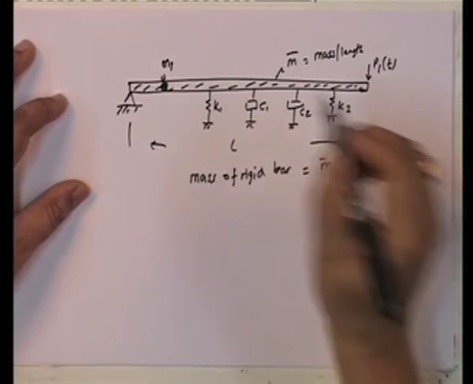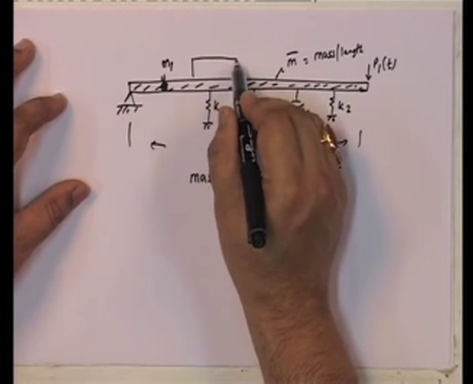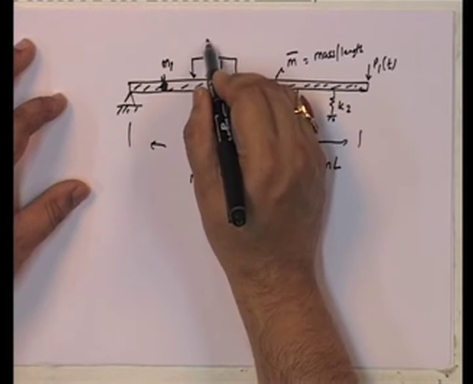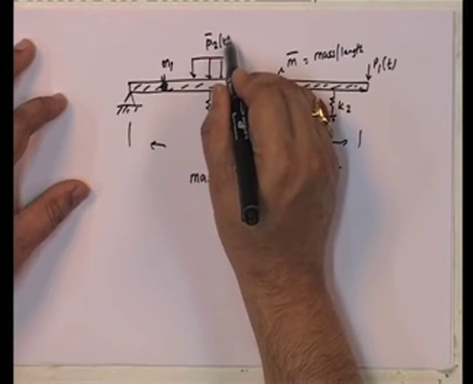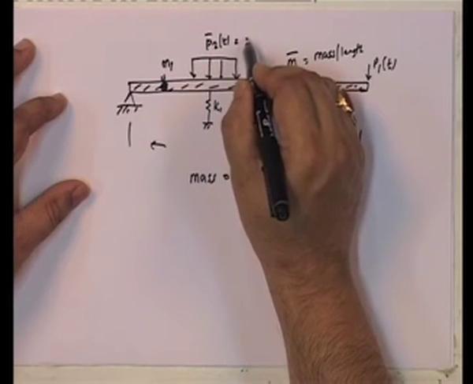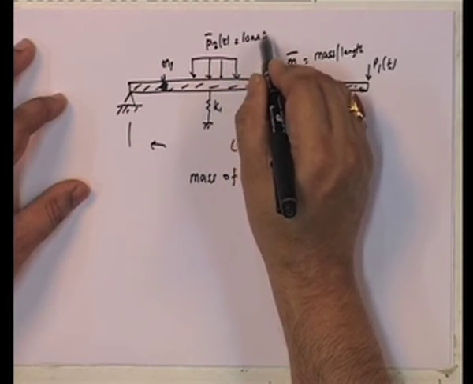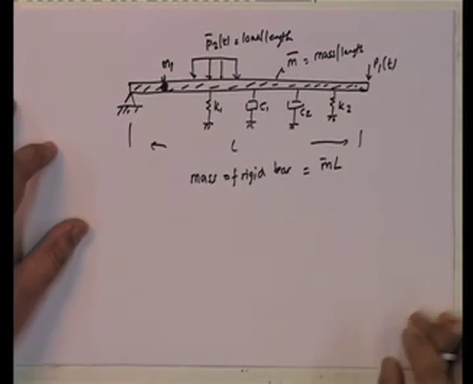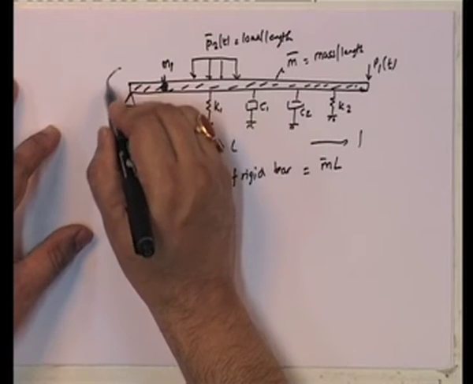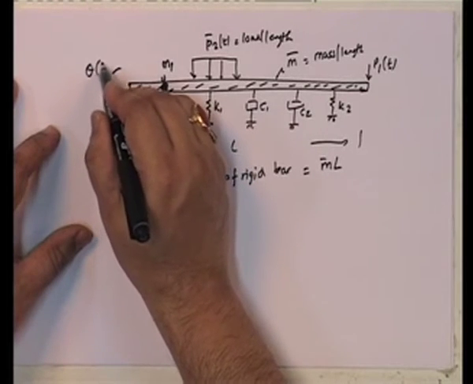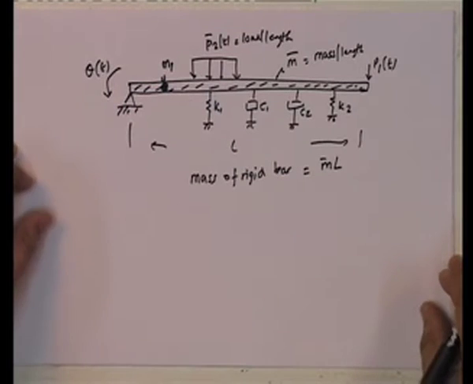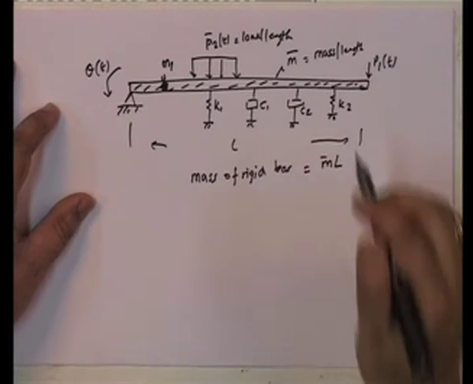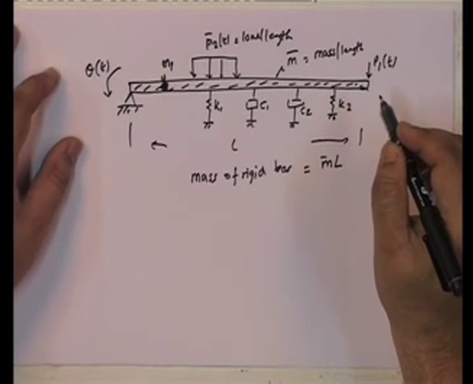and then I am going to put a load which is going to be P bar 2 t, which is load per length. Okay. And I will define my degree of freedom in the first instance by theta t. Okay. So, now how do I solve this problem?